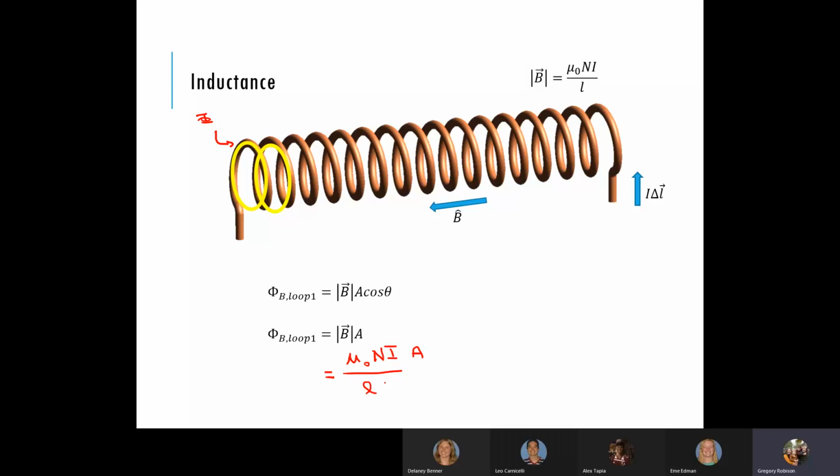Now here's one little thing I'll point out to you. If you're looking at it, you say, well, Greg, technically I shouldn't use N for the solenoid. Technically I should use N minus 1, right? Like I said, the rest of the solenoid on the last loop. So if there are N loops on the solenoid, I should technically use N minus 1, okay?